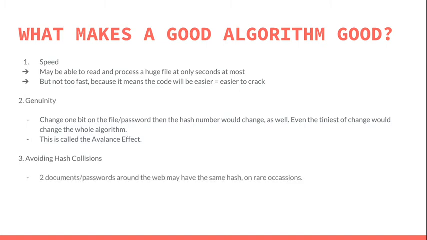Number three, avoiding hash collisions. Two documents or passwords, or not even two, it may be three, four, or five around the web, may have the same hash on rare occasions. However, this also relies on a bad hash, because the chances of you finding a hash that is the same as yours are very, very rare. It's almost impossible unless your hash is very similar to others.